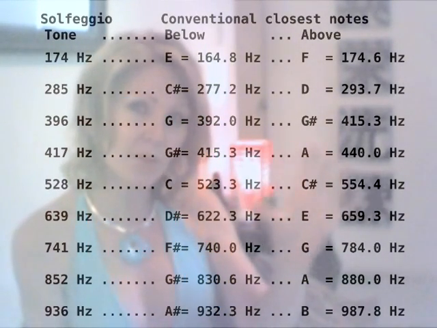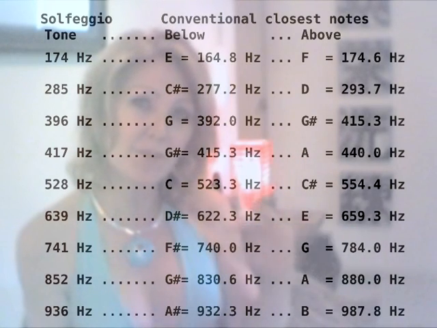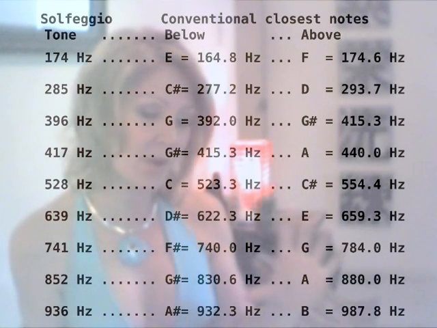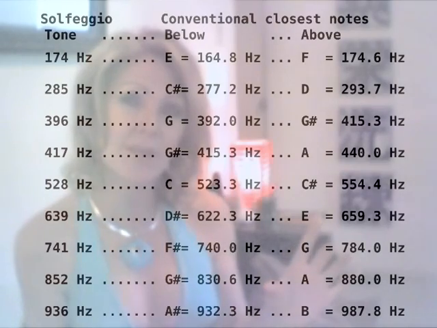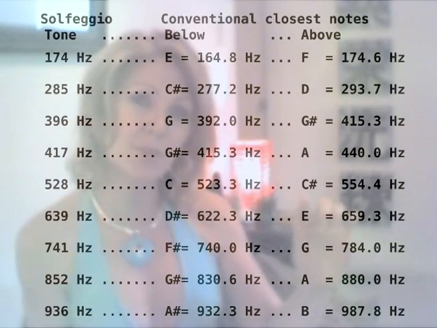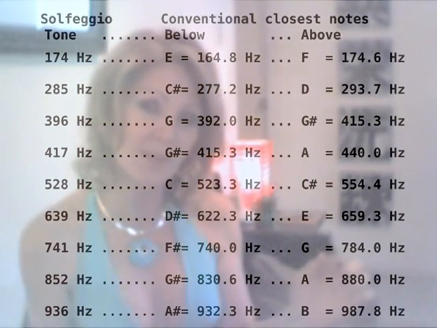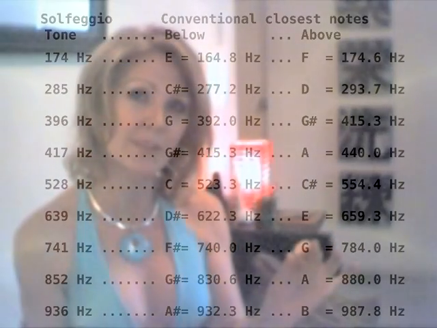But you start with the two above, and then you divide that difference by 100, and then you work out the difference between the bottom closest note and the Solfeggio frequency, and then you divide the remainder of those two up, and when you divide that by 100, then you work out... it's actually really complicated.